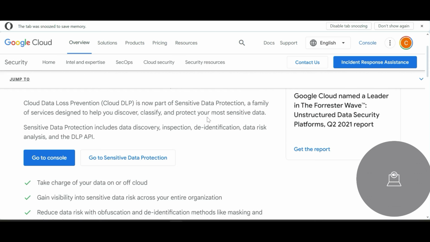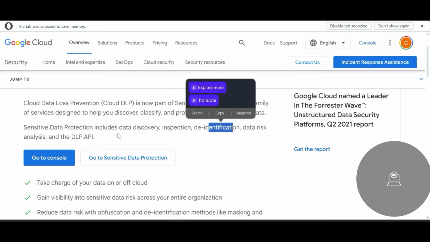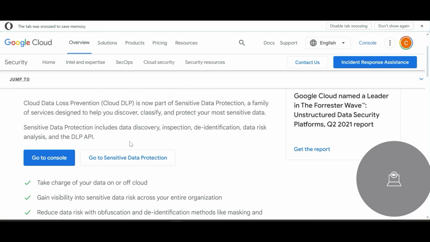Then it will protect your most sensitive data. That is how it works. That is why there are these APIs: data discovery API, inspection, de-identification, data risk analysis, and the DLP API. So we now understand what Cloud Data Loss Prevention is.